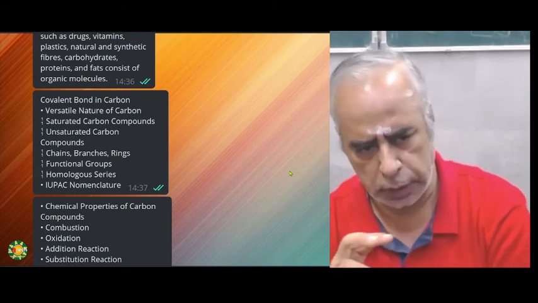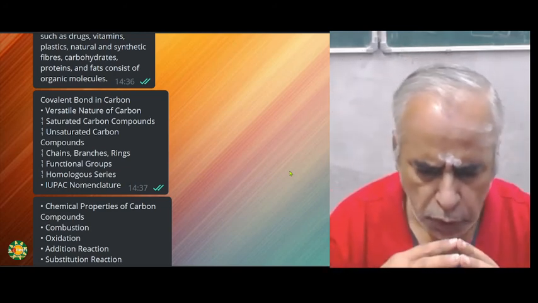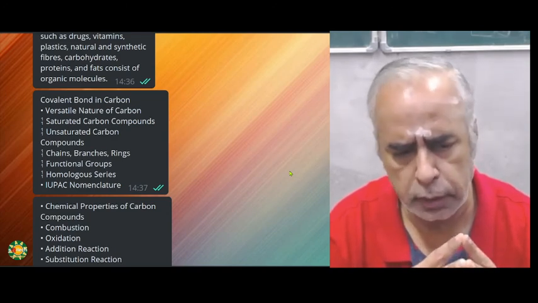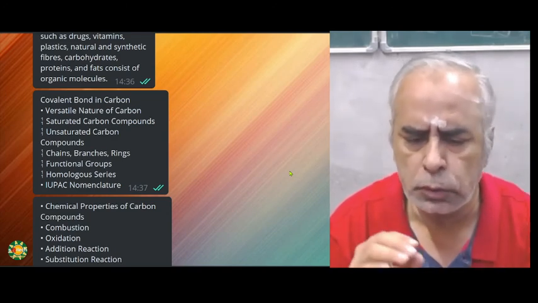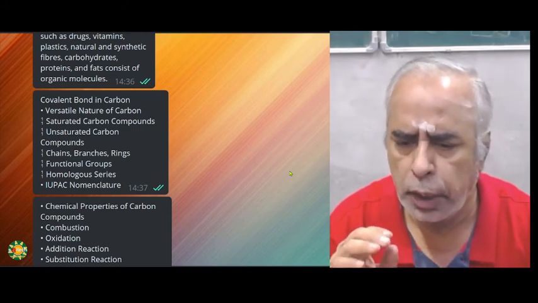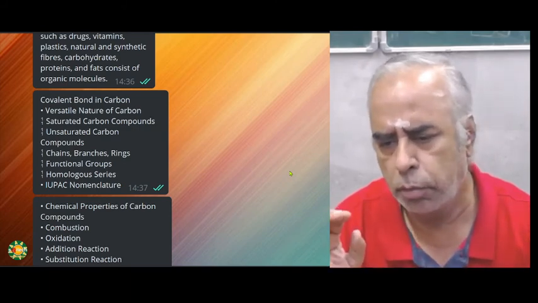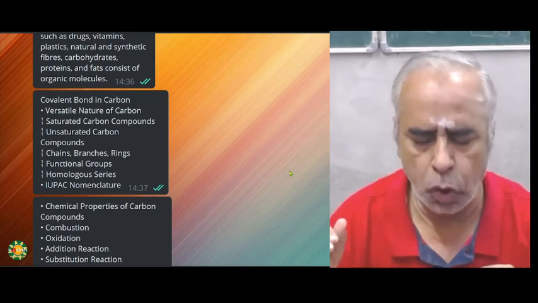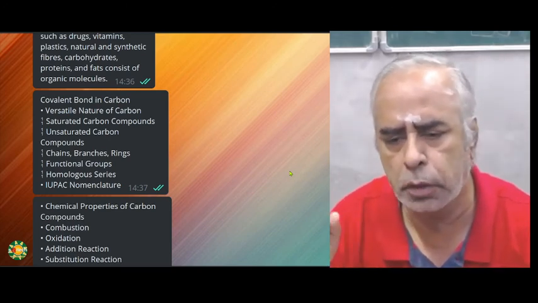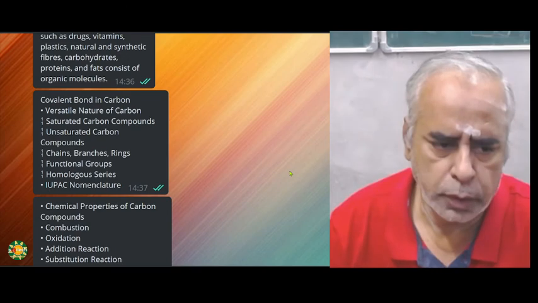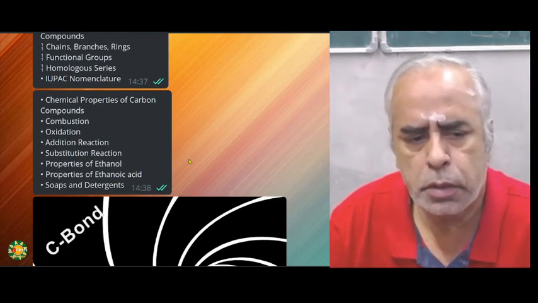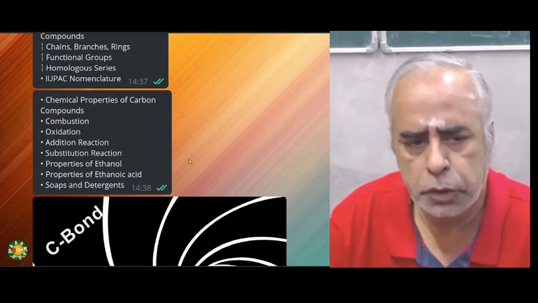Then I will be discussing what is functional group, what is homologous series. Then I will explain how to name the organic compound by a definite system called the IUPAC nomenclature system.